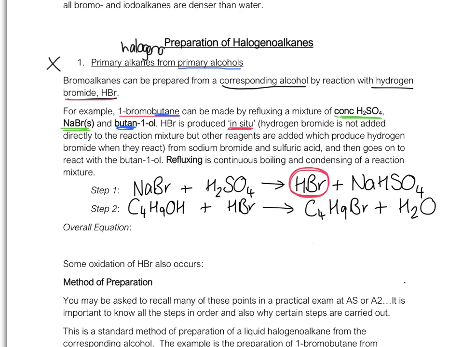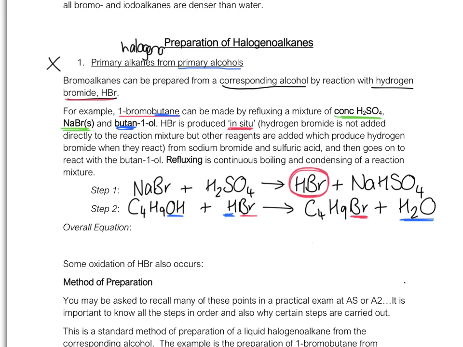You can see we're swapping our alcohol group with the bromide ion. The bromide ion is moving in, and then the alcohol group of the butanol reacts with this other hydrogen from hydrogen bromide, and that gives us our water at the end.